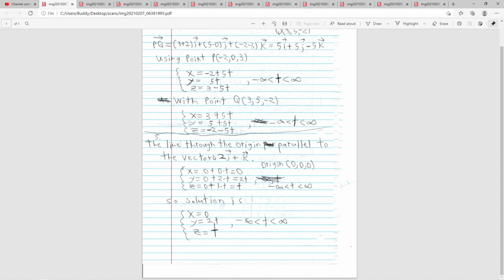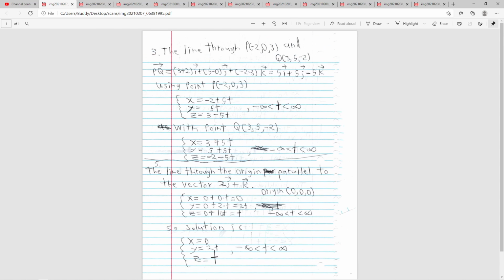But it's all going to be 0 for the x0, y0, or z0 point. And we have 1 times t, 2 times t, and 0 times t for the 3 different equations. So yeah, y equals 2t, z equals t, and x equals 0, basically. Parametric equations.